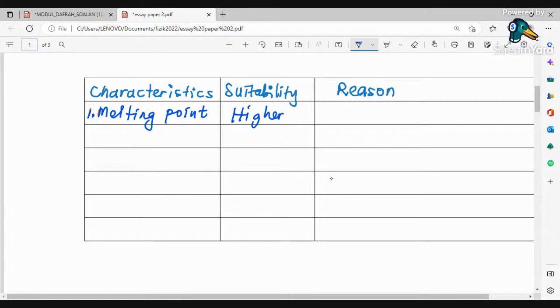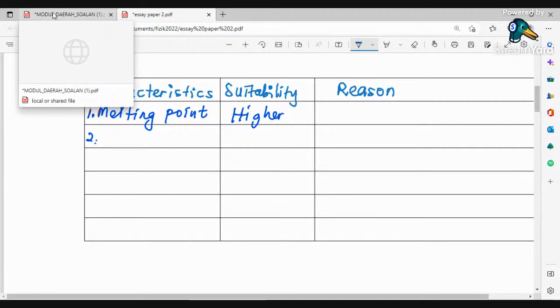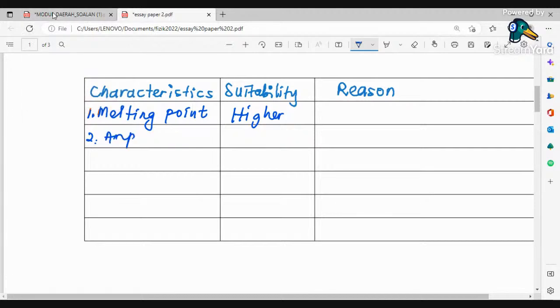I write out all the characteristics first: the melting point, then ampere value, then diameter of wire, or resistivity of wire.